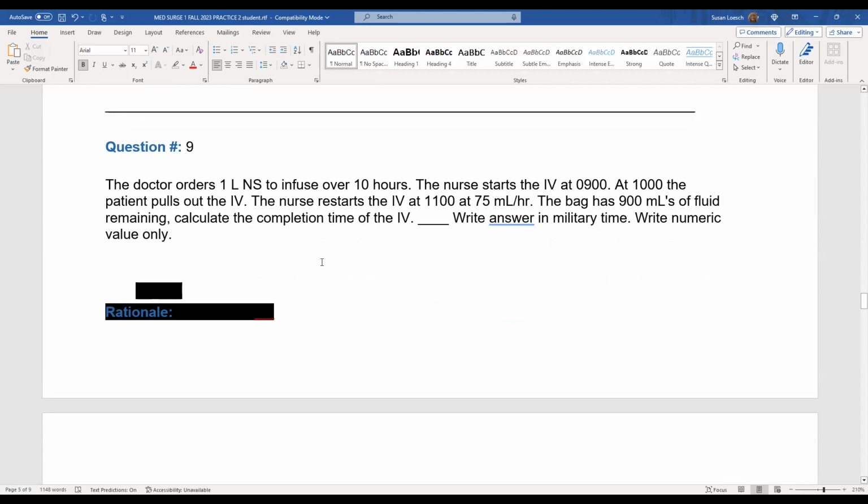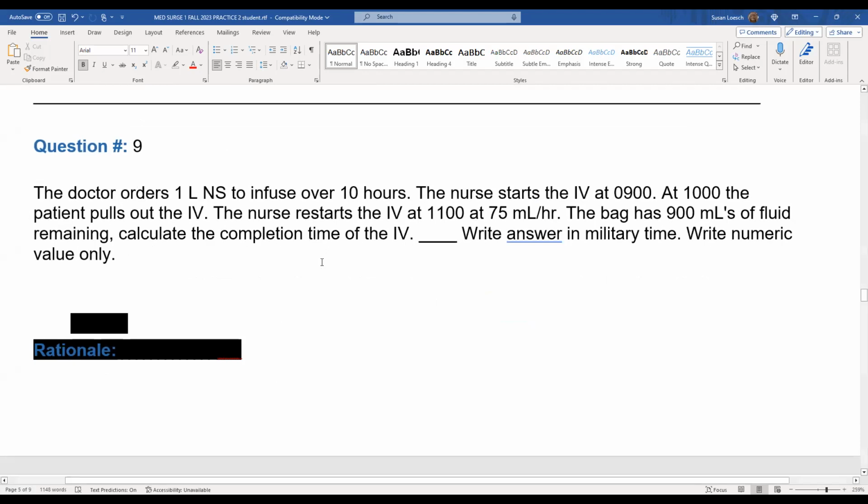Okay, how about these ones? What do we get?